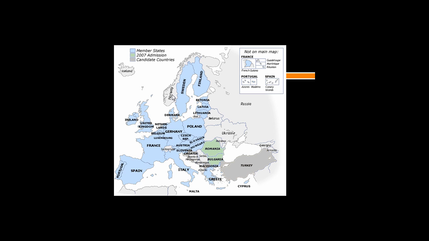Norway is not a member of the European Union. They were invited, but they declined, in part because they have oil wealth and they didn't really want to share it with their European neighbors. Neither is Switzerland. That kind of makes sense. Switzerland just doesn't really fit in with the rest of Europe. It has its own unique history and culture.